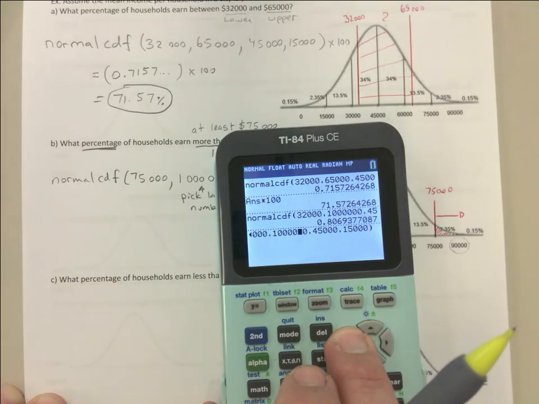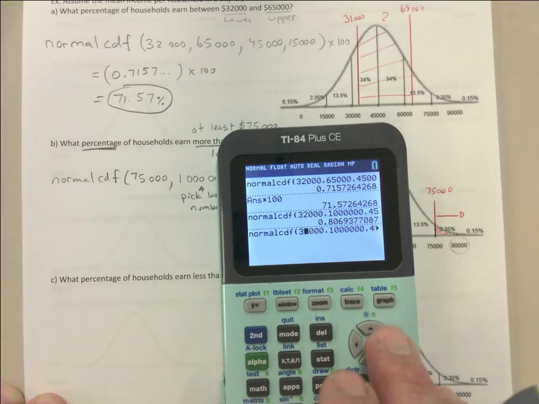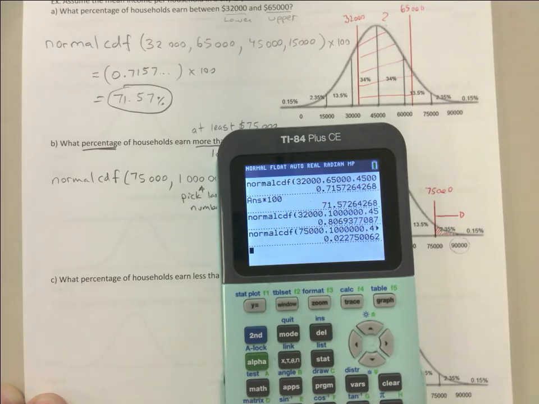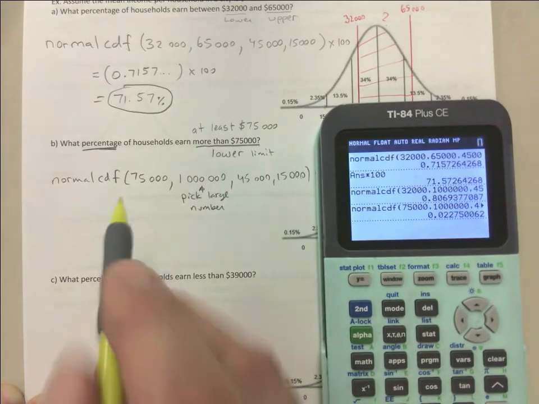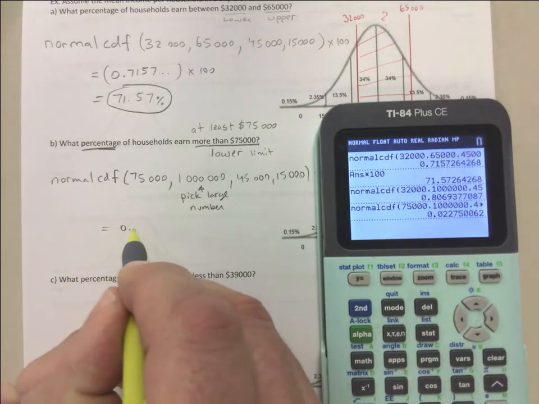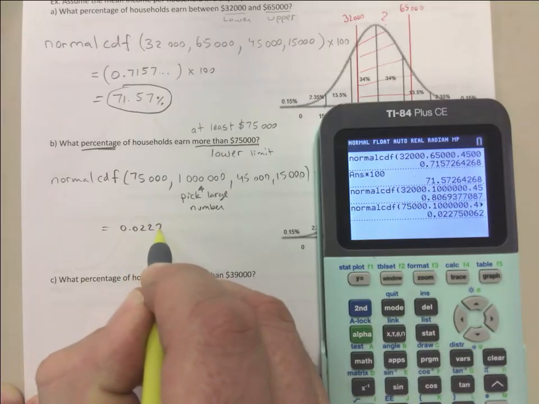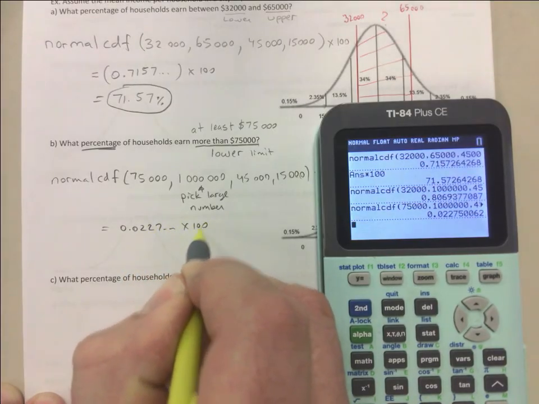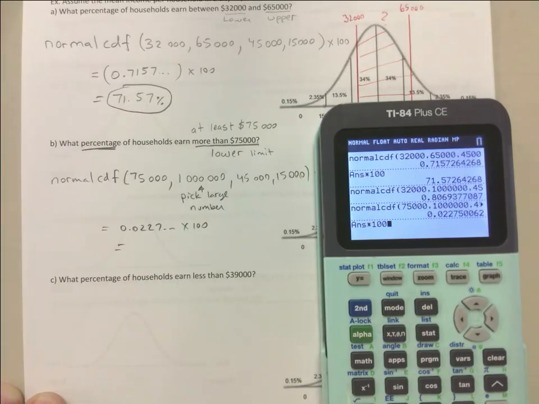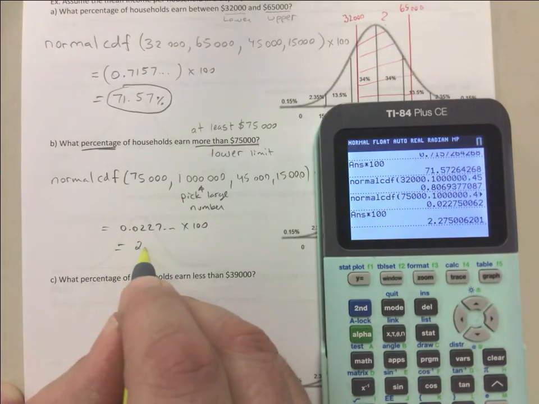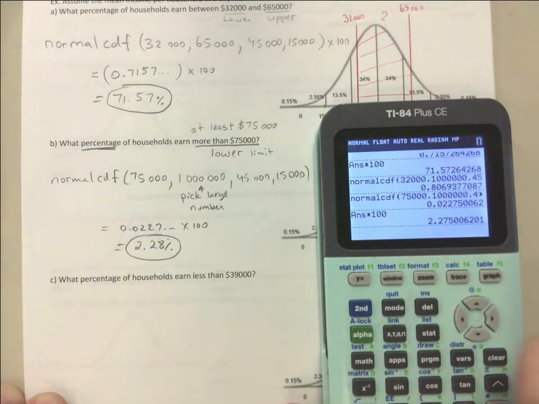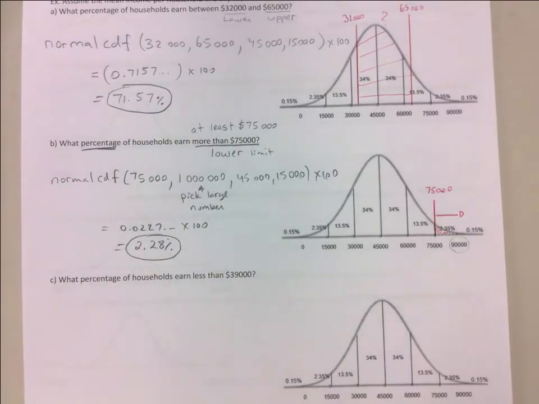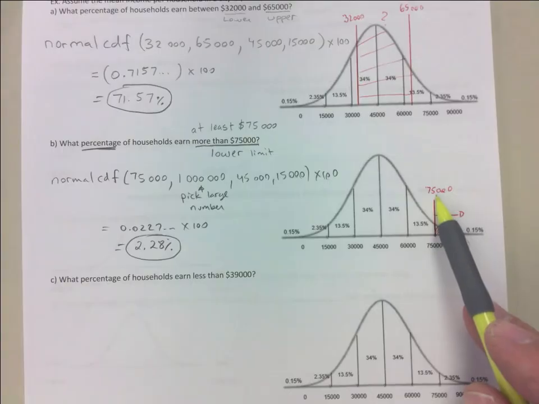My bad. 75, there we go. That is my answer for now as a decimal. So this is equal to 0.0227 something. Multiply that by 100 or shift the decimal. 2.28% of households in this city, only 2.28% of households make more than 75,000.